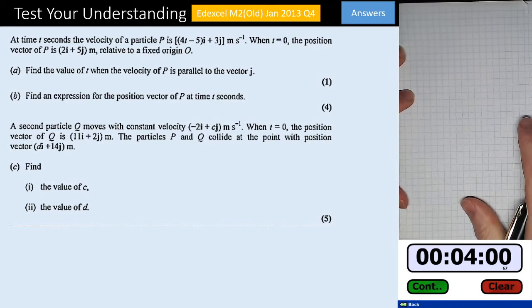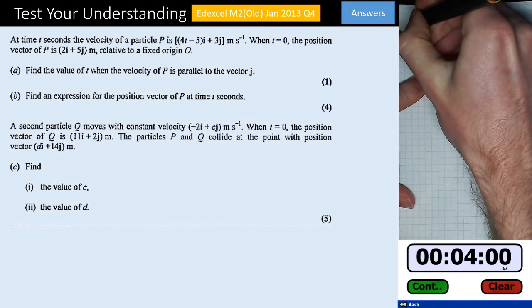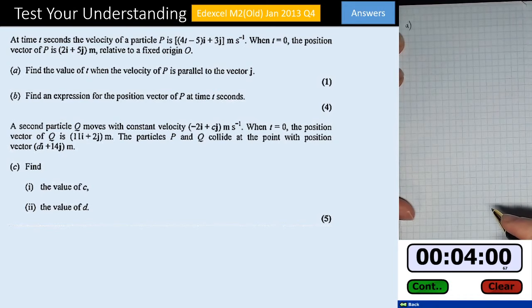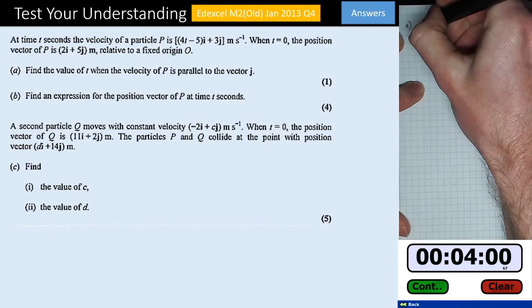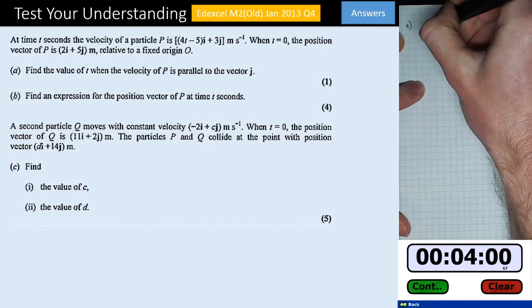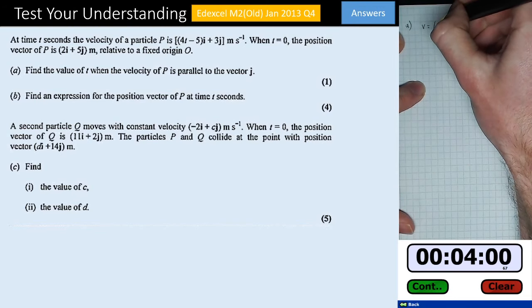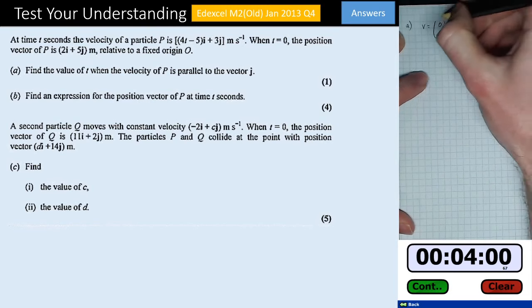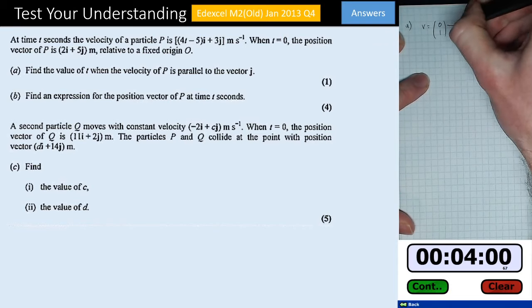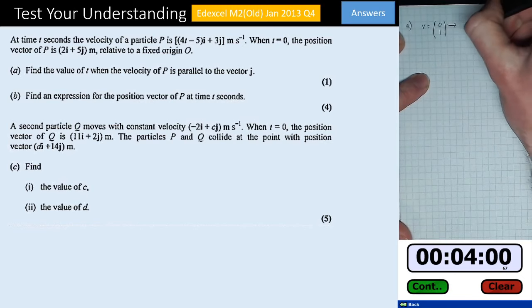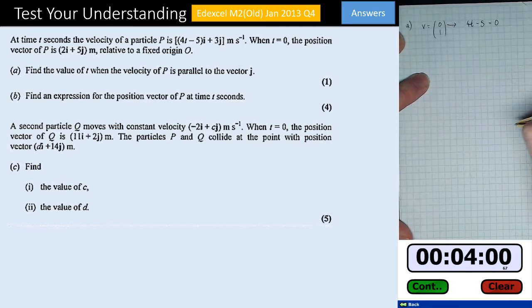Okay. So part A, when we have the value of t for the velocity of p parallel to the vector j. Well, if it's going to be parallel to j, then what I want is for this to be a multiple of this, which means that I want 4t take away 5 to equal 0.